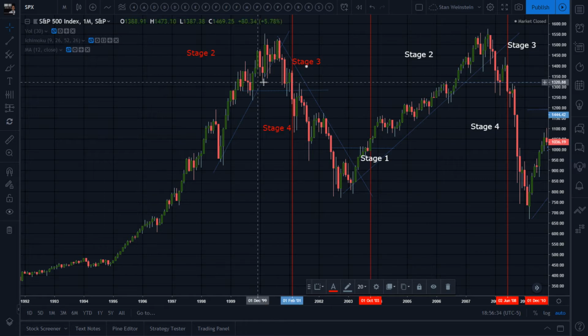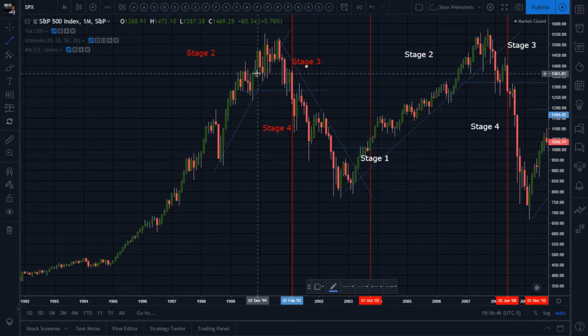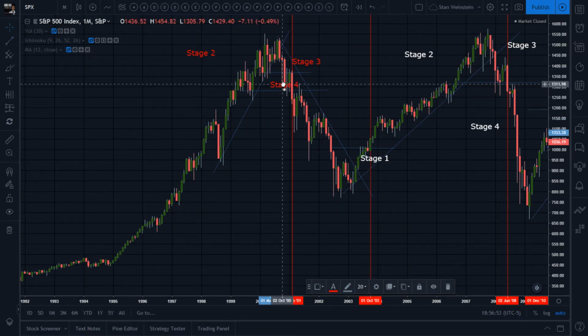Anything out of this zone, and here monthly candle chart closes, we're starting to create a close below that. Then you're in stage 4 down here. Maybe I could have had a break line right here, and stage 4 could have maybe started around this area right here. So this is still a work in progress.